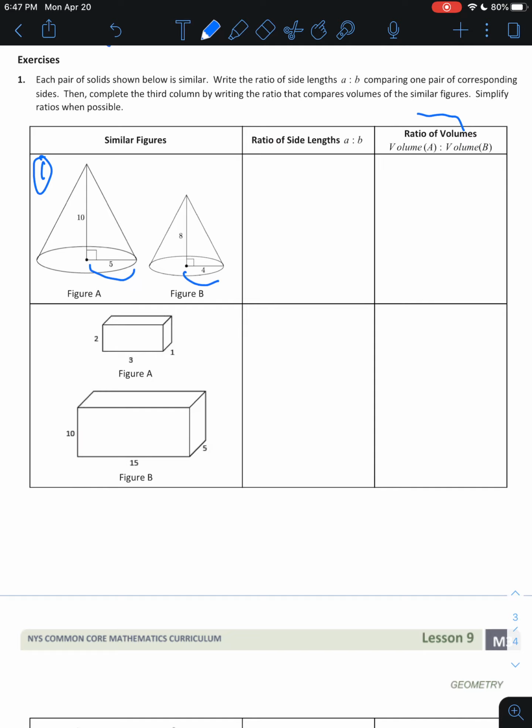So let's say we work with the radius down here. So we have the radius of the base, right? And that is 5 to 4. Now notice here, there's not any way we could simplify this, right? They have no common factors. I can't divide both sides by, say, 2 and keep the numbers whole. So we would say this is the simplest form here.